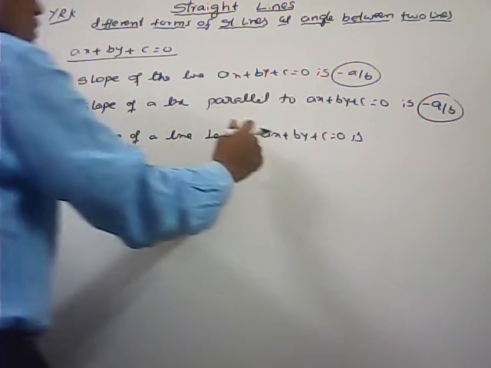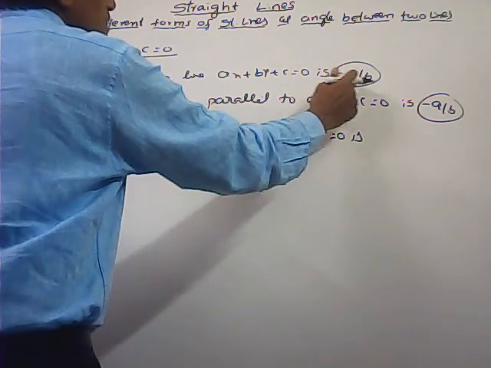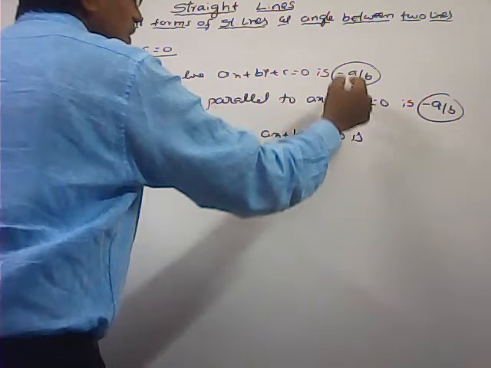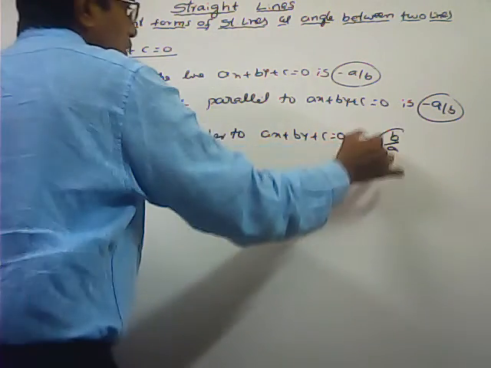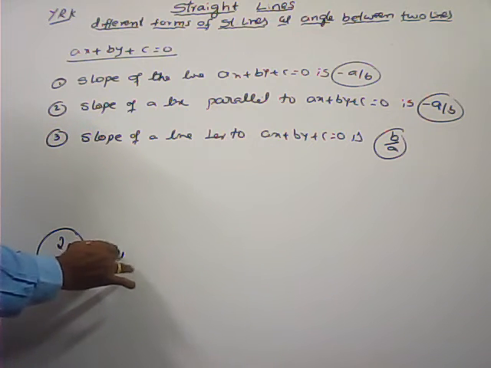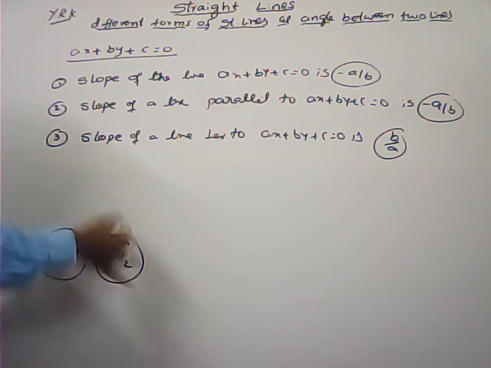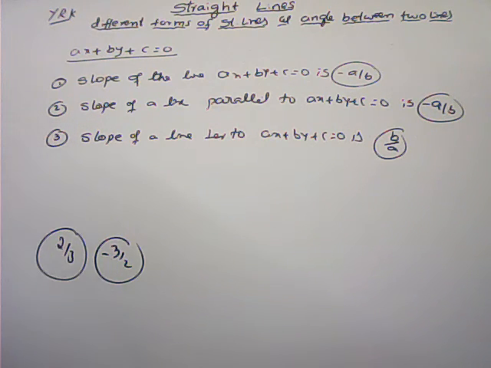First write down the slope of the line, minus a by b. Take the reciprocal, b by a, and put the opposite sign: here minus is there, here you keep a plus. If I multiply both, we get minus 1, so both are perpendicular to each other. For example, if 2 by 3 is given, the slope of a line perpendicular to it is the reciprocal with the opposite sign, minus 3 by 2.